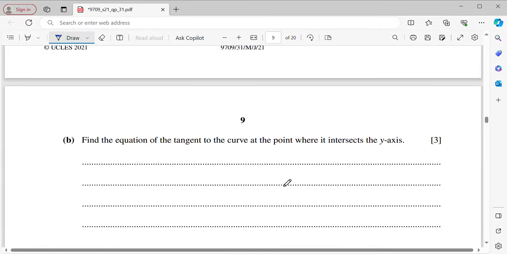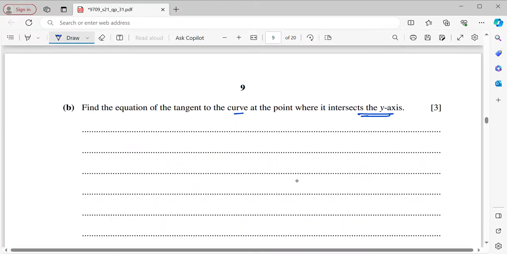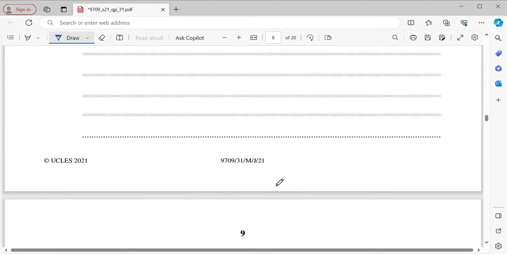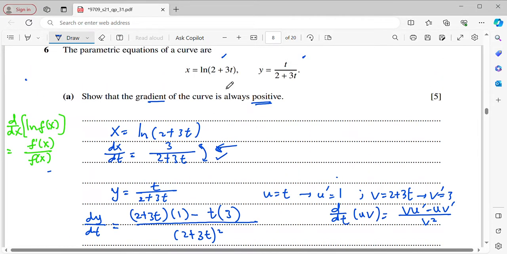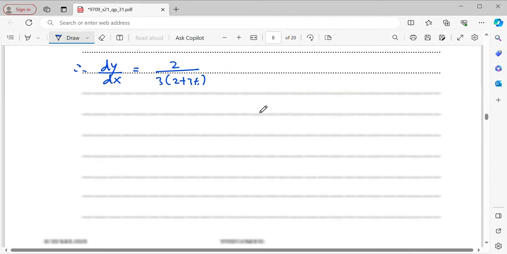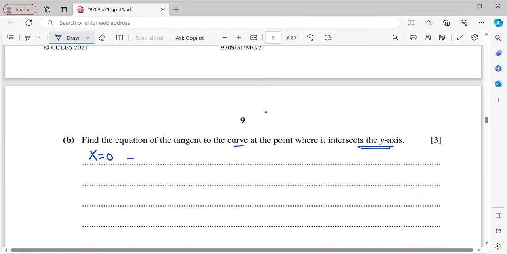Okay, part B. Find the equation of the tangent to the curve at the points where it intersects the y-axis. So when it intersects the y-axis, that means x equals 0. So when x equals 0, I will copy my x, which is ln of (2 plus 3t). So 0 is ln of (2 plus 3t).